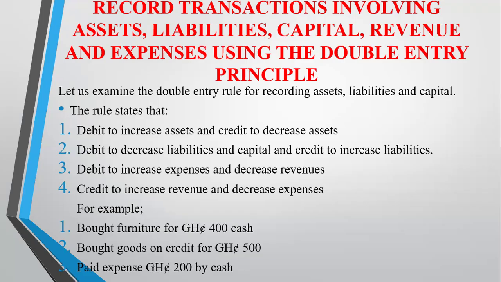So they are saying that if the transaction is going to decrease the liability, we should debit. So if we make payment to our creditor, it's going to decrease the amount that we owe to our creditor. Therefore, we are going to debit our creditor's account. That is what it is also saying.